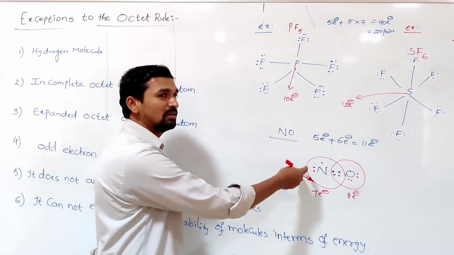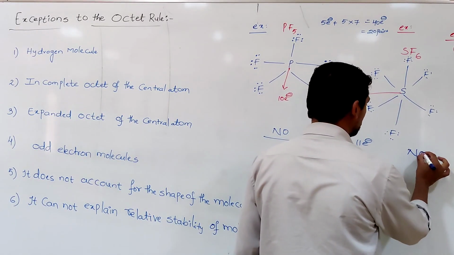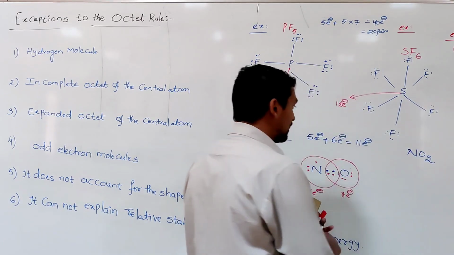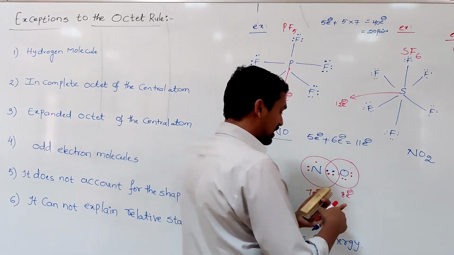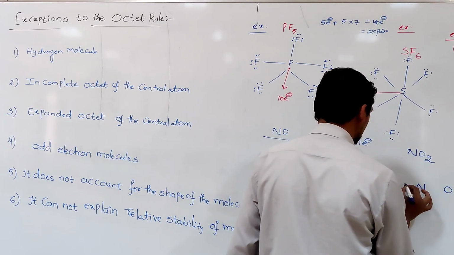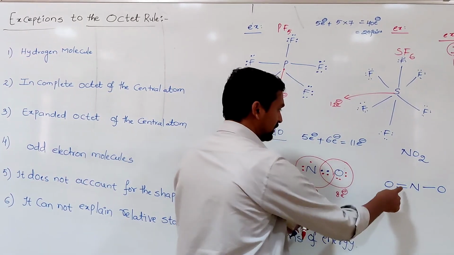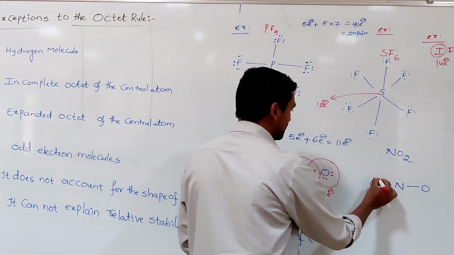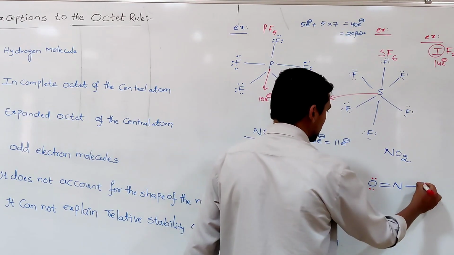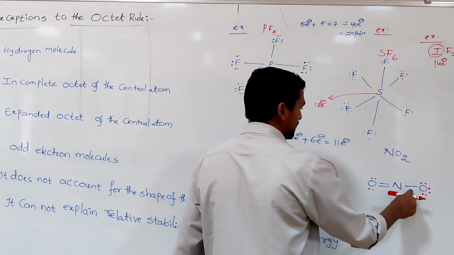Another example is nitrogen dioxide, NO2 also. The central nitrogen atom does not fulfill the octet configuration. Nitrogen is linked to oxygens, one with a double bond and another with a single bond. Already 4 electrons are there. So 6 and 8. Here only one is there. I can keep 3 pairs of electrons, 6 plus 2, 8.